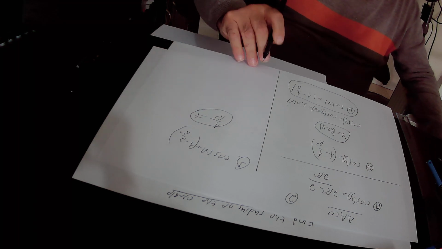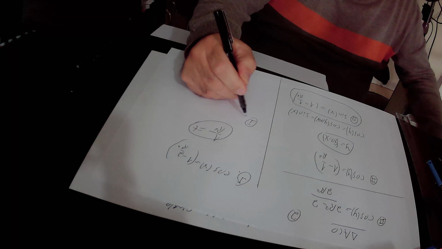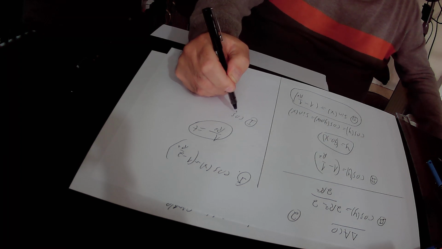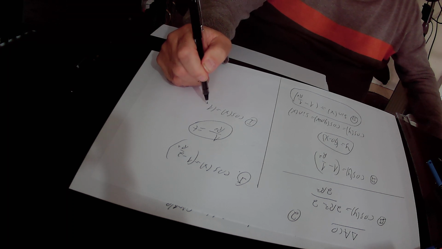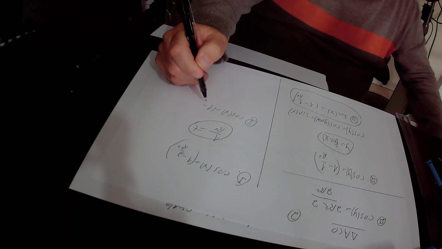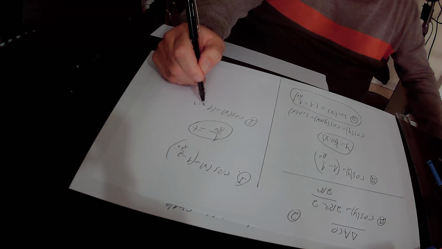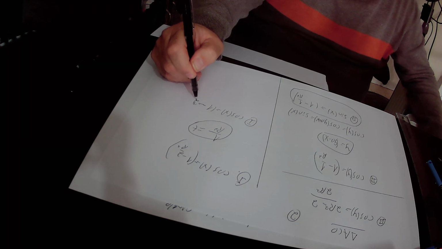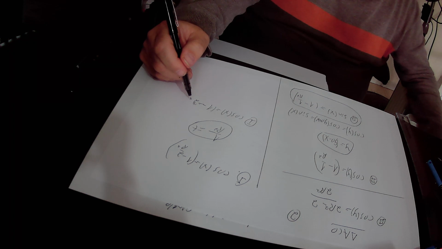So according to equation number 1, we have cosine x equals 1 minus 2 over r squared. 1 over r squared is t, so it is 1 minus 2t.